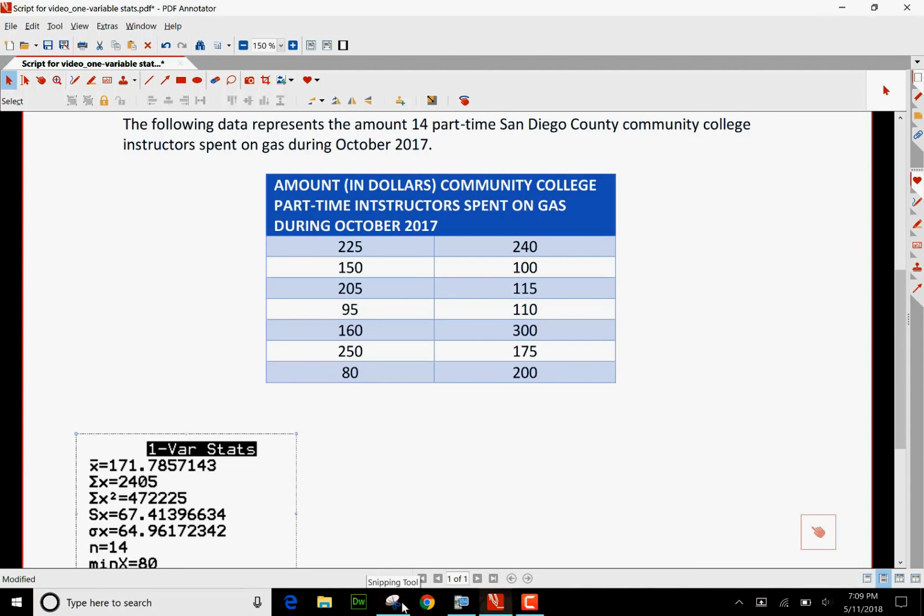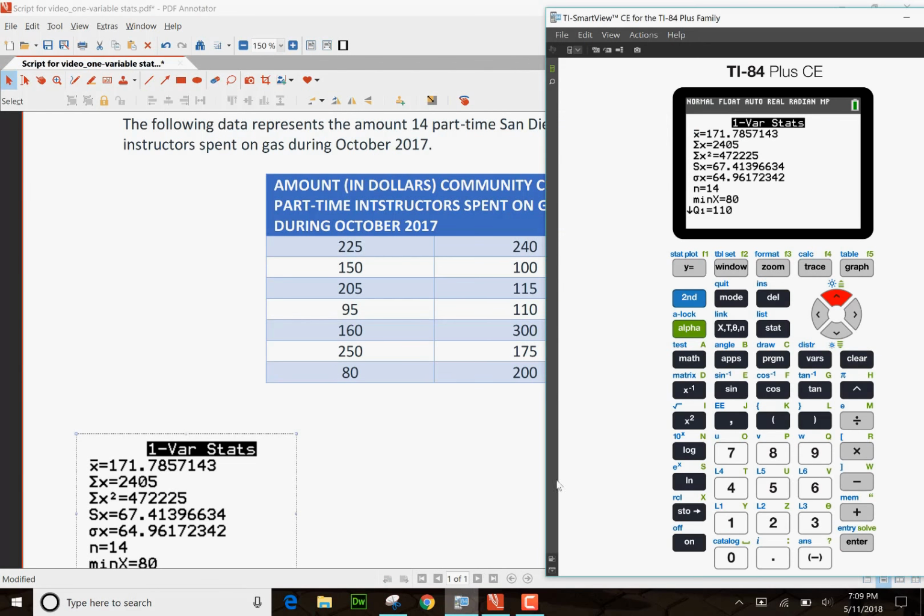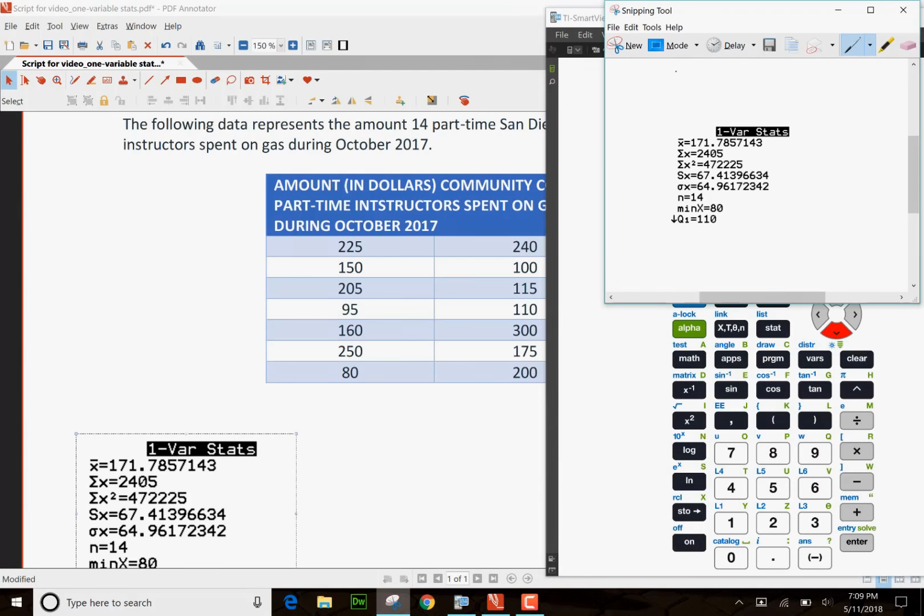And now let's go back to our calculator and let's get the rest of the stuff. So what I'll do is start the copy again at quartile 1, just because that's something you might be interested in soon.